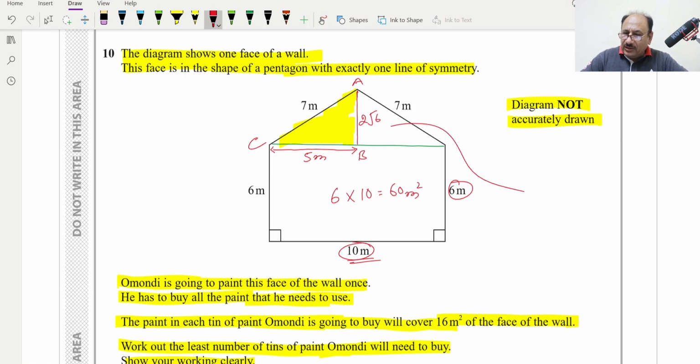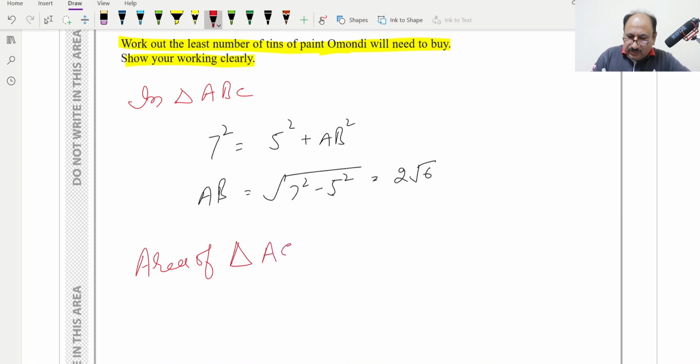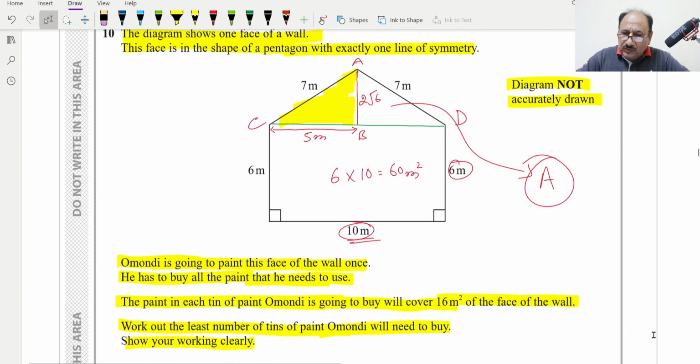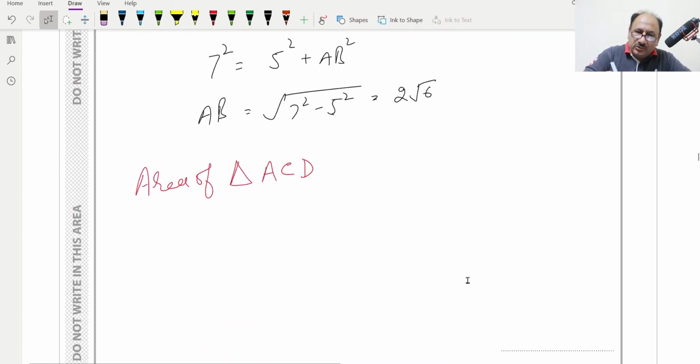Now we can find the area of this triangle. So area of triangle ACD, the complete triangle, will be equal to 1 by 2 into base into height.